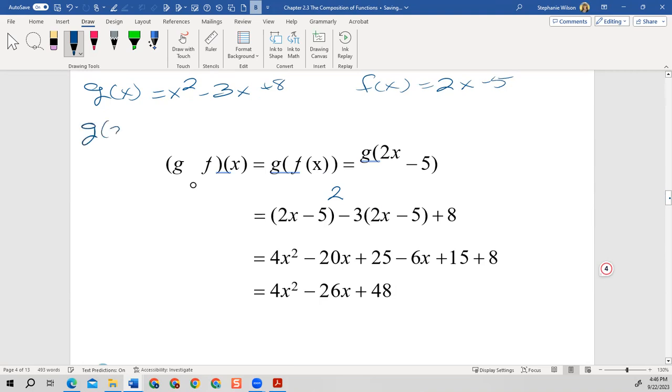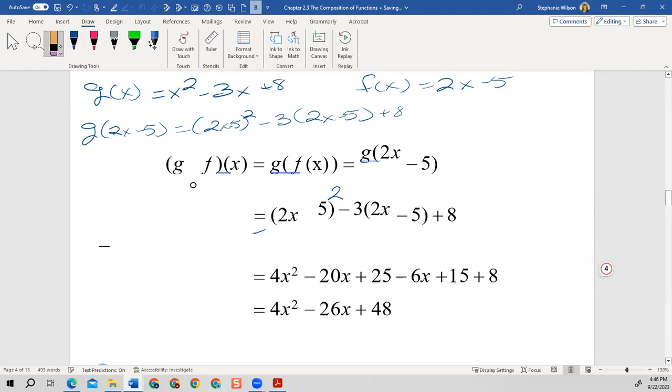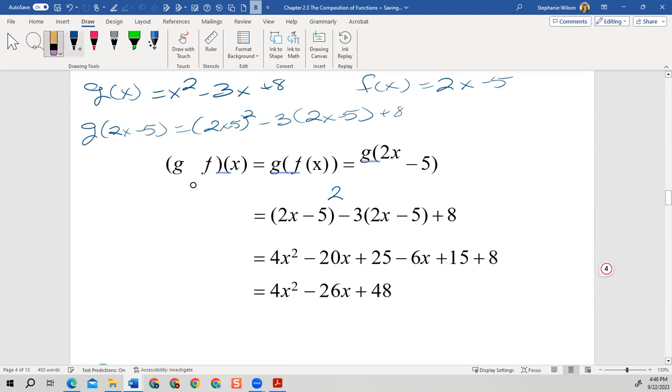So now I'm plugging in 2x minus 5 everywhere there is an x, plus 8. I have 2 of these parentheses, so this one should have had the square on it.